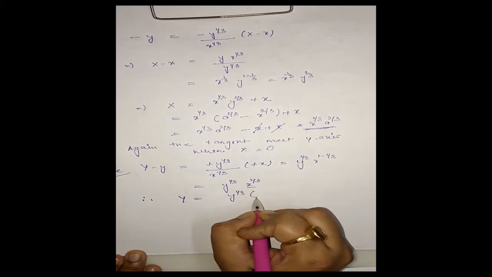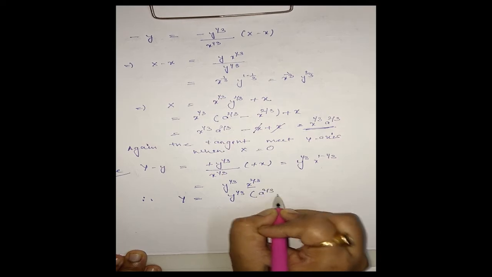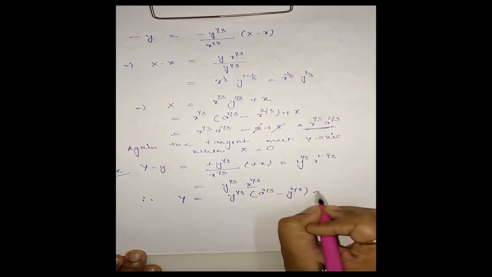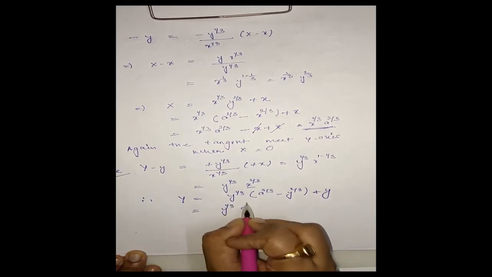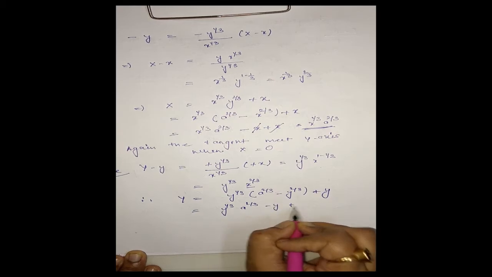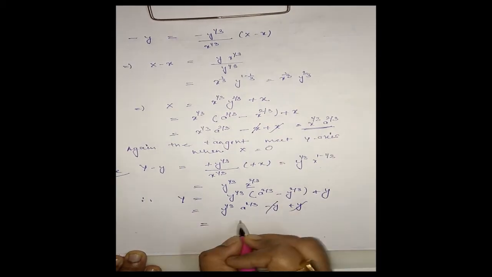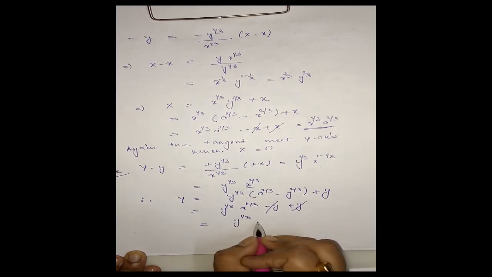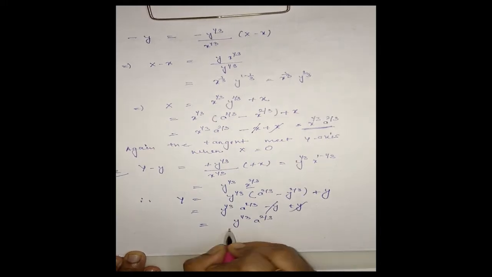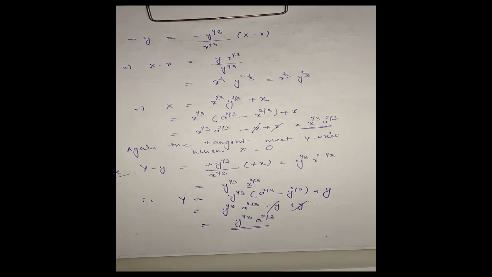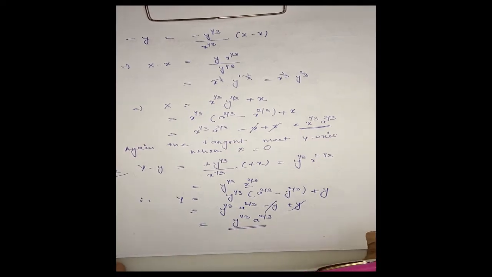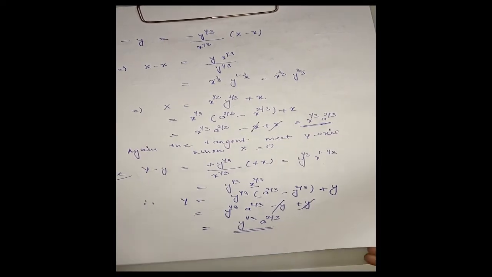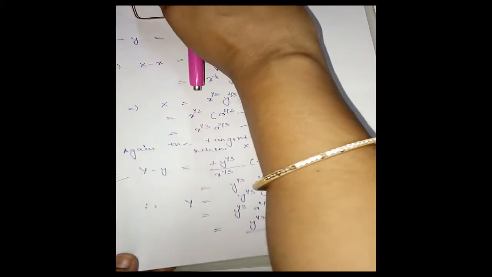Now from the equation of the asteroid, x^(2/3) = a^(2/3) - y^(2/3), and this gives y^(1/3) a^(2/3), and the y terms cancel. Therefore the point of intersection of the tangent with the y-axis is (0, y^(1/3) a^(2/3)). These are the points of intersection with the x-axis and the y-axis, that is with the coordinate axes.